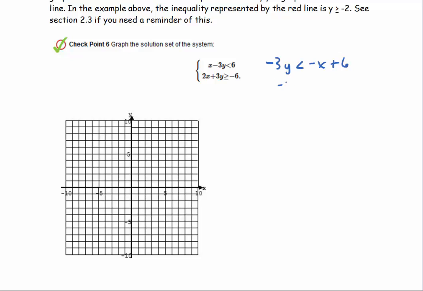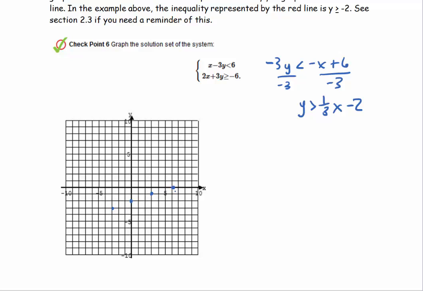I'm going to have to divide by negative 3. When I divide by negative 3, I have to reverse the inequality symbol. So y greater than positive 1/3 x minus 2. So the y-intercept starts at negative 2. The slope will go up 1 and right 3, or down 1 and left 3.